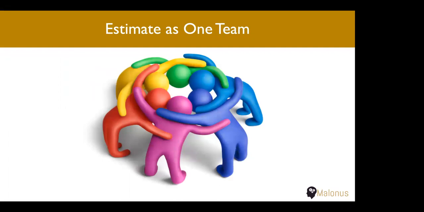Another change from the tester standpoint is that the estimation happens as part of one team. There may be a lot of misconceptions, where even if people are doing planning poker, they may be doing the story point estimation separately as developers and testers.